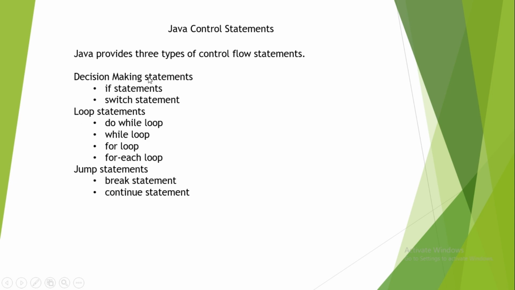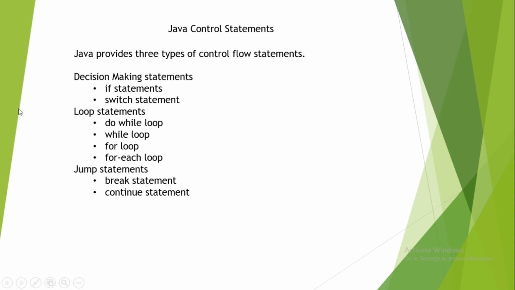If you take the decision making statements, it will check for a particular condition. If the condition is satisfied, then the required statements will be executed. Based on the decision, it will decide what kind of statements can be executed.